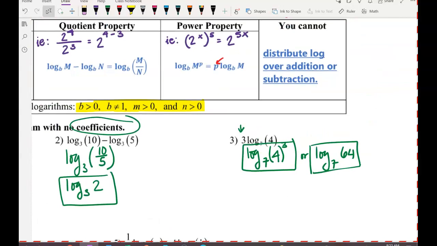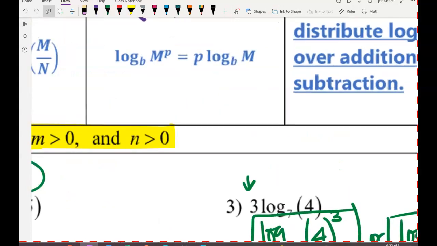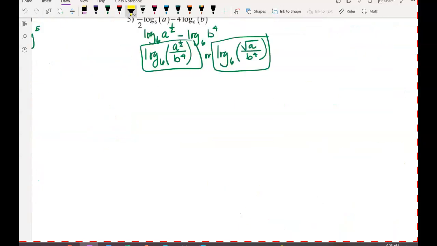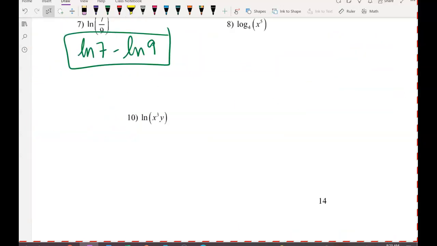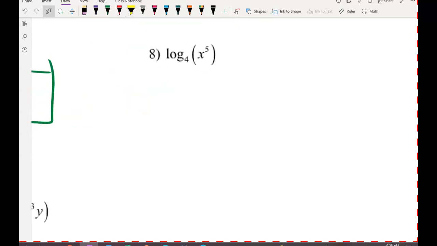Anytime, Carter, if we were to have an exponent, where do the exponents, aka the power, where do those go? Becomes a multiplication, right? So you can see here's a power of p, and then it becomes p times log base, whatever that base is, of m. Okay, so now that you have identified the power and the base, Carter, tell me, the power's 5.